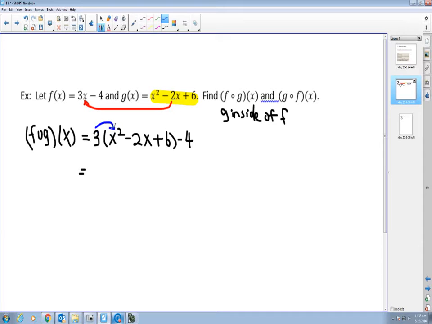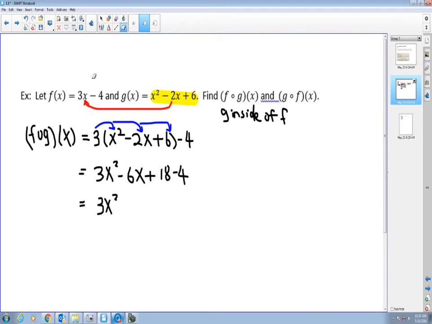There's 3 times x squared, negative 2x, and positive 6. And that would be 3x squared minus 6x plus 18. And make sure we minus 4. Alright, combine like terms, that will result in 3x squared minus 6x plus 14. Alright, so this is my new function, my composite function.